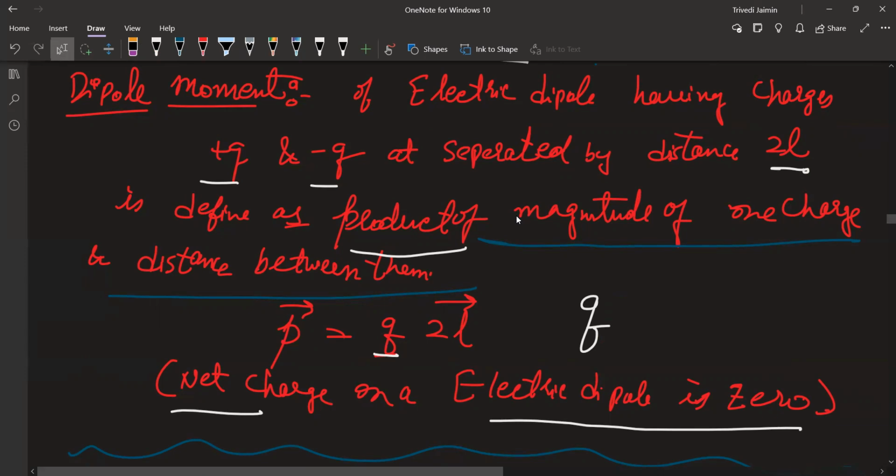If the values are different, it won't be considered a dipole, and then we cannot use this dipole moment formula. There will be questions like this that can be confusing. They'll give two charges, but if they are not equal, we cannot use this dipole moment formula.